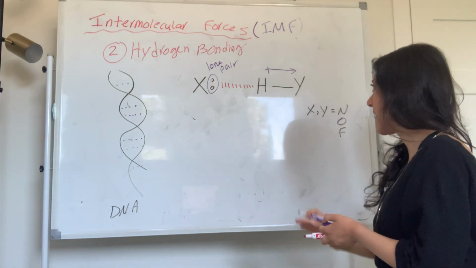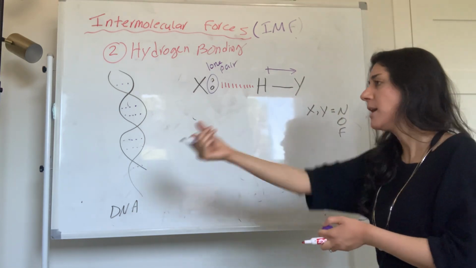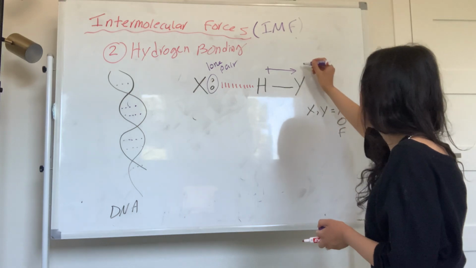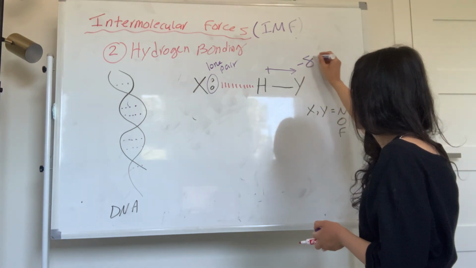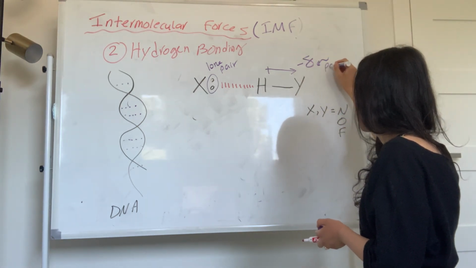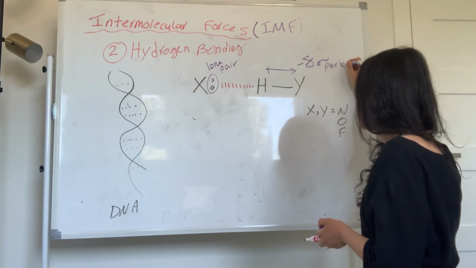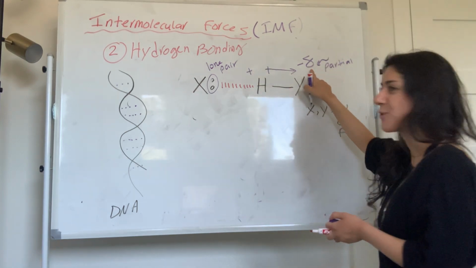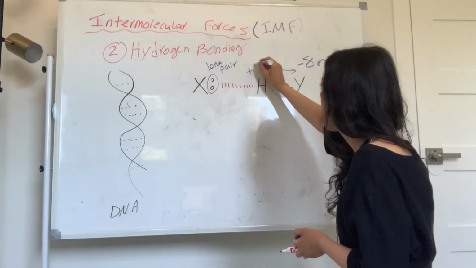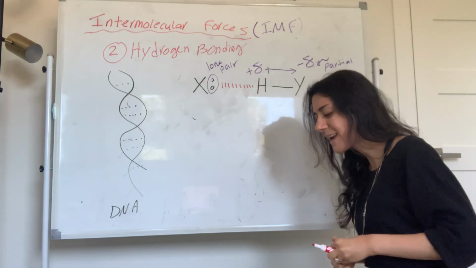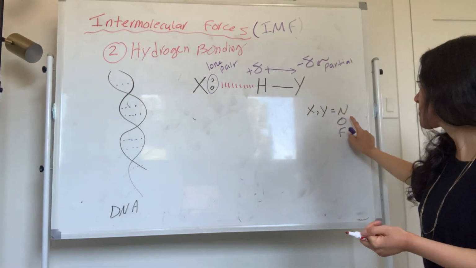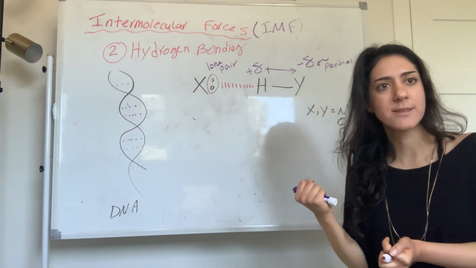Because these atoms are pulling more of the electrons, they have more electrons than they should, so we have a partial negative here. And hydrogen here, that's the symbol for partial, has a partial positive because it has less electron than it should, because nitrogen, oxygen, or fluorine are pulling it this way.